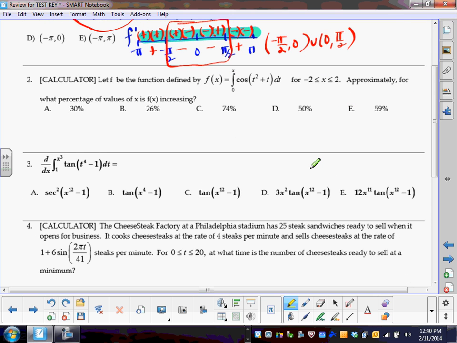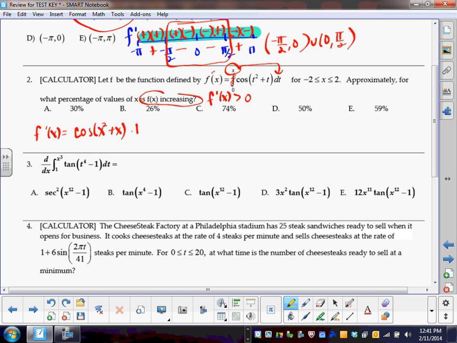Okay, the next question says, for approximately what percentage of the values of x is f of x increasing? So f of x is increasing when f prime of x is greater than 0. We are not going to do this by hand other than f prime of x cancels the antiderivative, substitute in x for t, which means dx goes in for dt as 1, and then the 0 on the bottom is unnecessary.